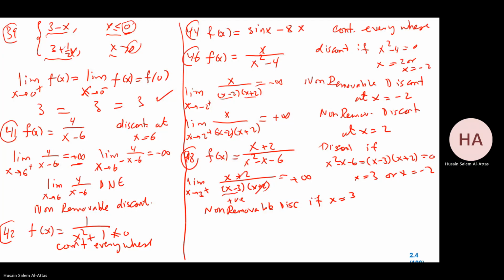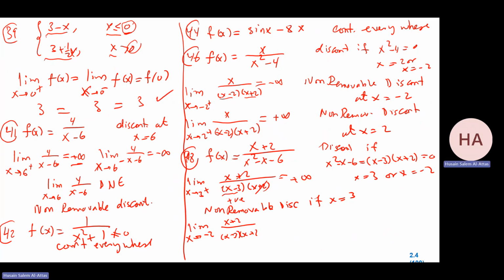However, if I check for the limit, x goes to minus 2, the same one. I know it's wrong. X plus 2 cancelled.